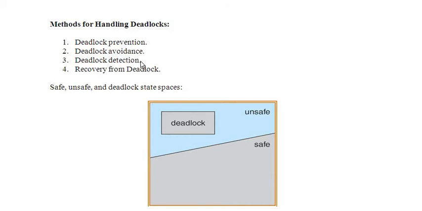Now next one is deadlock detection. Somehow we found that the working or progress of my system has stopped, or progress is not as expected by the user. Then we have to check whether the progress has stopped because of deadlock or some other reasons.